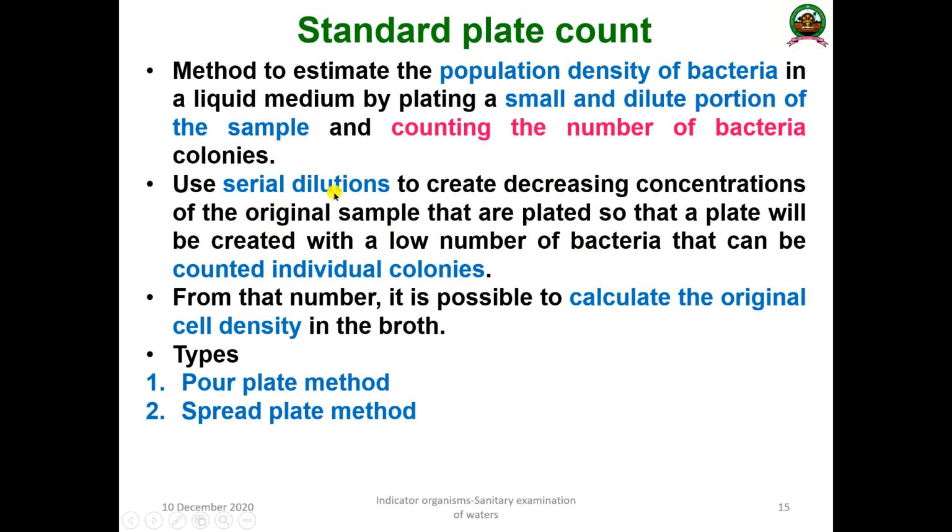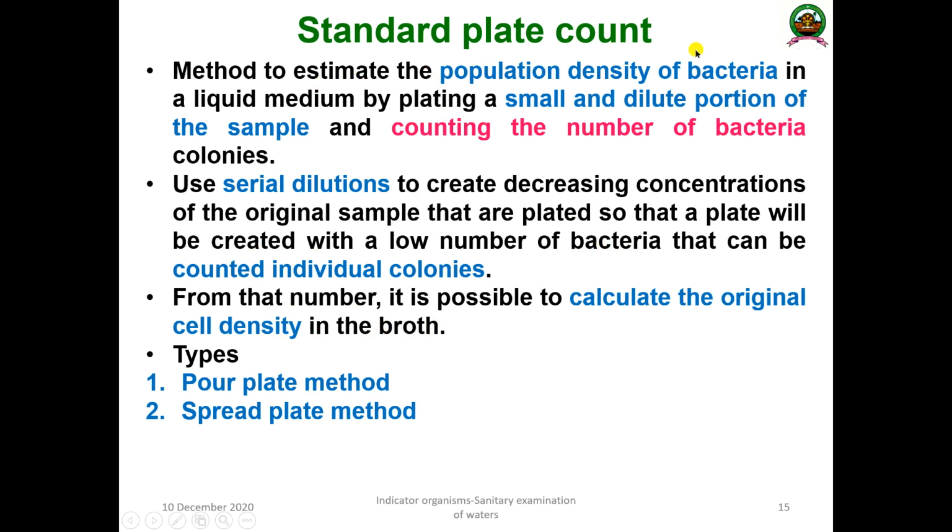Serial dilution creates decreasing concentrations of the original sample, so that the plate has a low number of bacteria and you can count individual colonies. From that number you can calculate the original cell density of the sample.